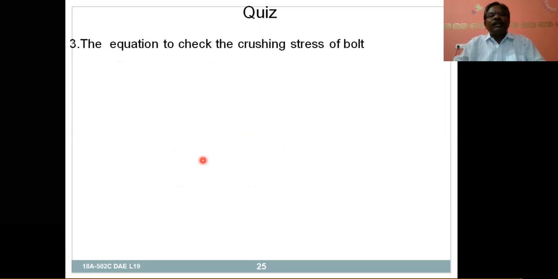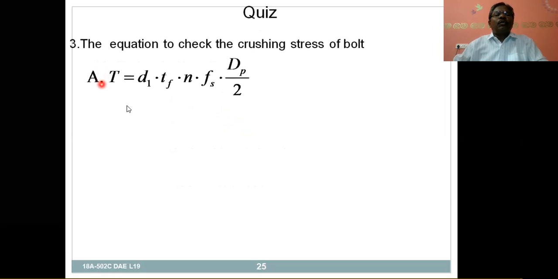The equation to check the crushing stress of bolts. So T is equal to d1 TF into N into Fs into dP by 2.